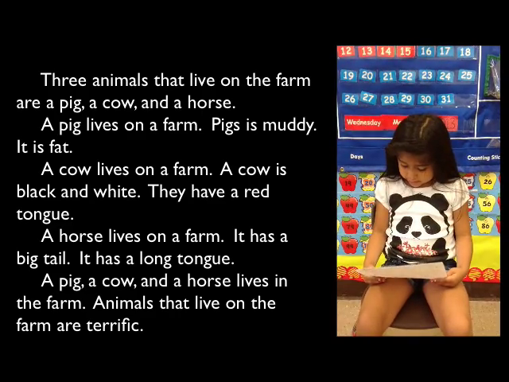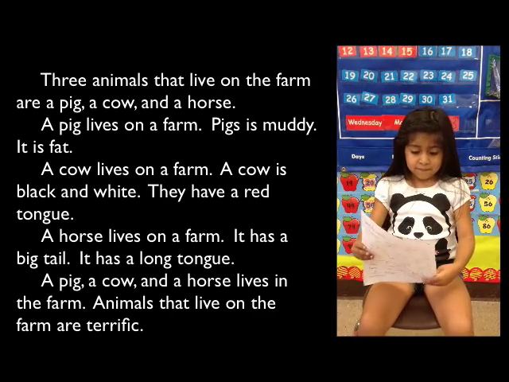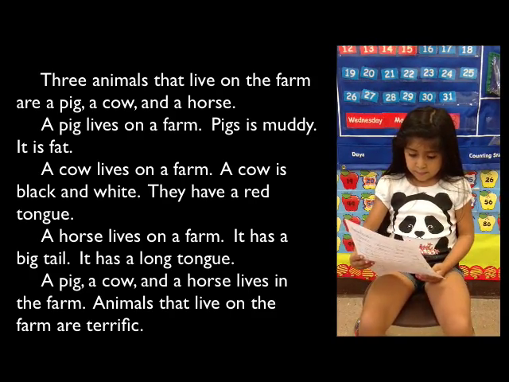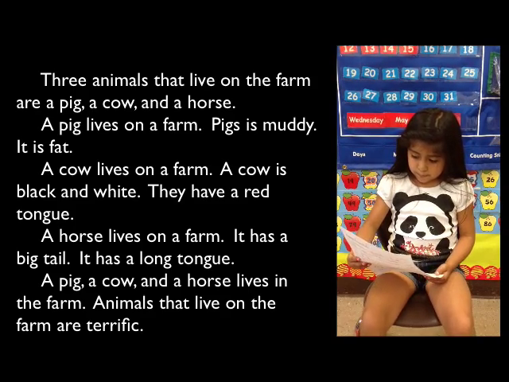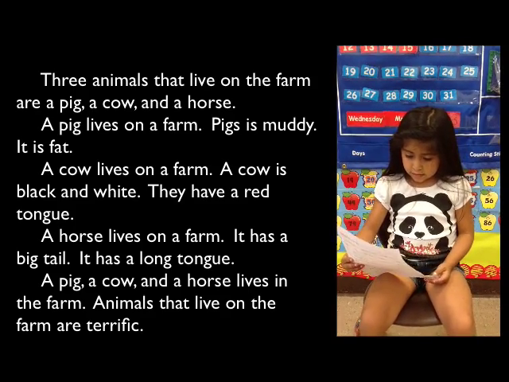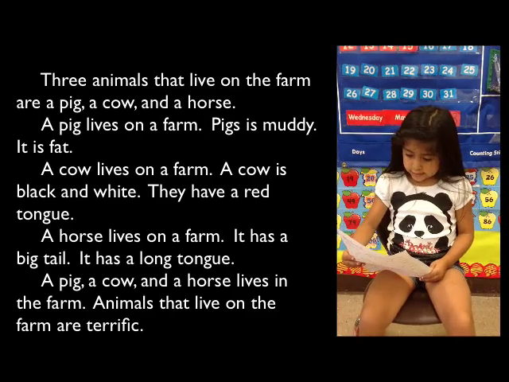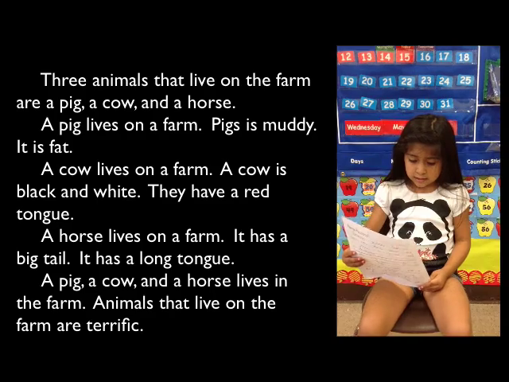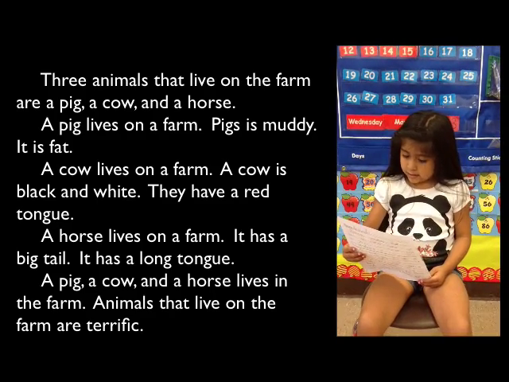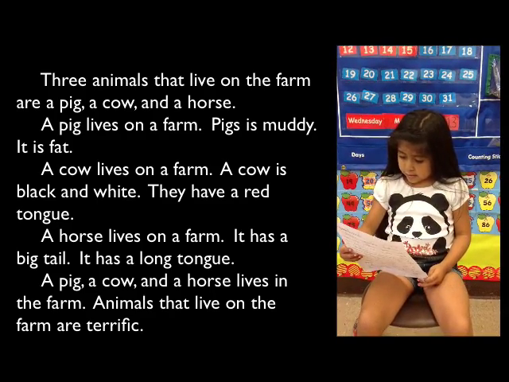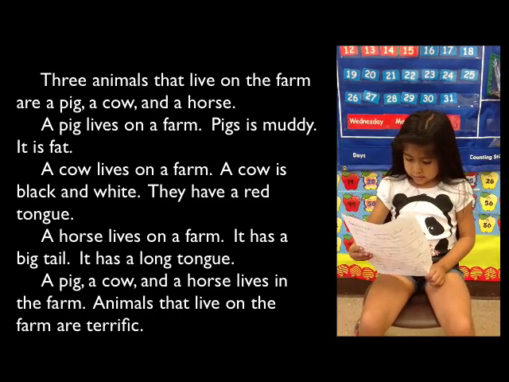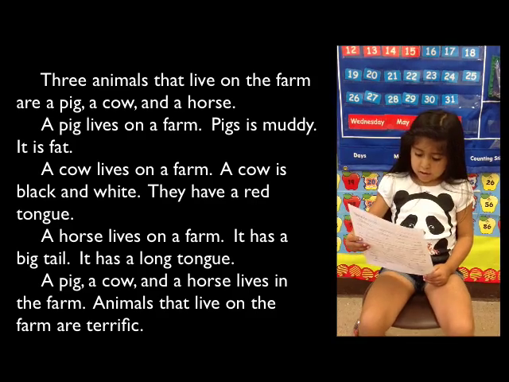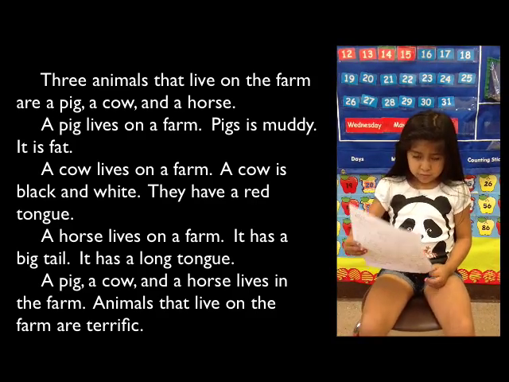A horse lives on a farm. It has a big tail. It has a long tongue. A pig, a cow, and a horse lives in the farm. Animals that live on the farm are terrific.